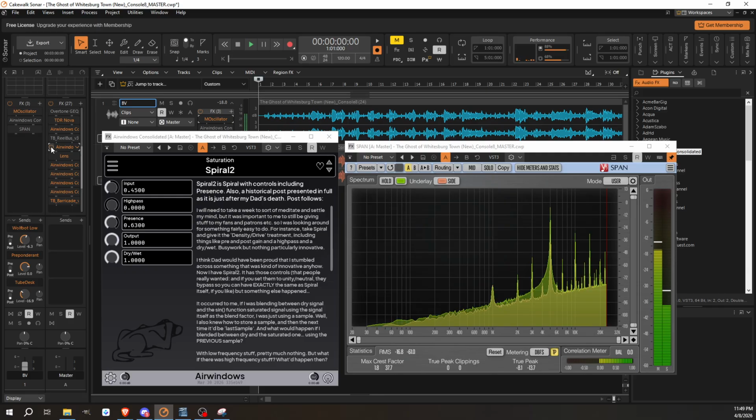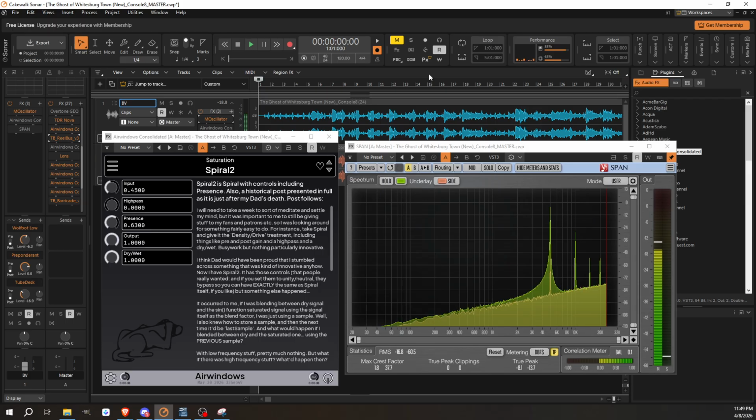So this is just an odd case of Airwindows Spiral 2 exhibiting anti-aliasing behavior with this one plugin. It might do it with other plugins for all I know. But this is just for what it's worth. I thought I'd throw it out there.